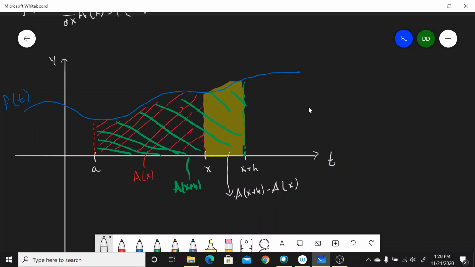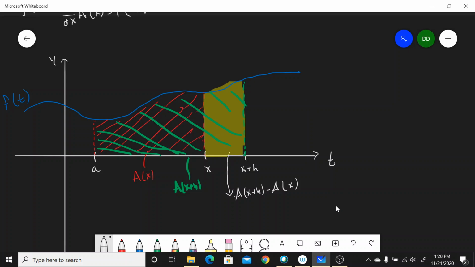Now here's where I have to sweep a couple things under the rug, but hopefully you'll understand the basic idea: if h is really small, this area is going to look more and more rectangular. That is, if this difference between x and x plus h is very small, then the change in the function won't be very much, and so the top of the area will be roughly a horizontal line as I let h go to 0.